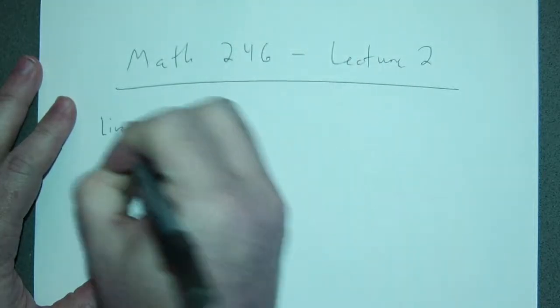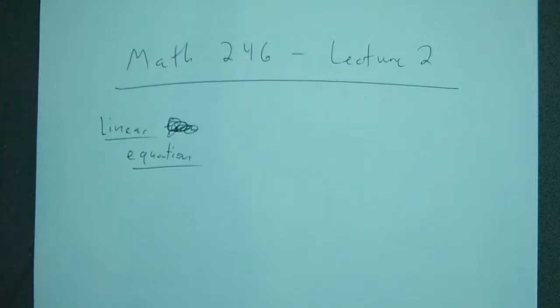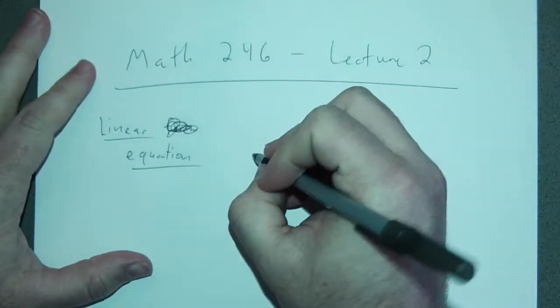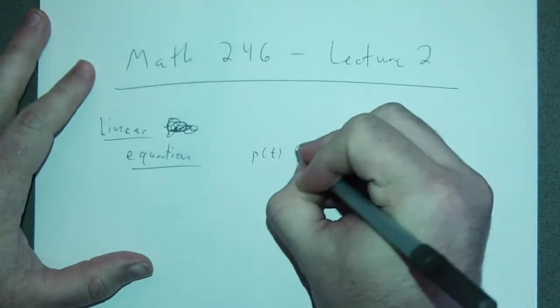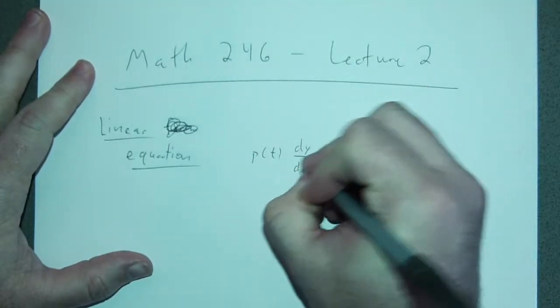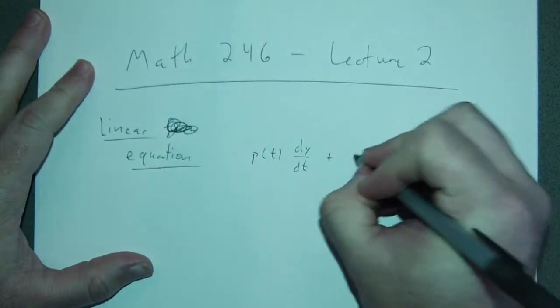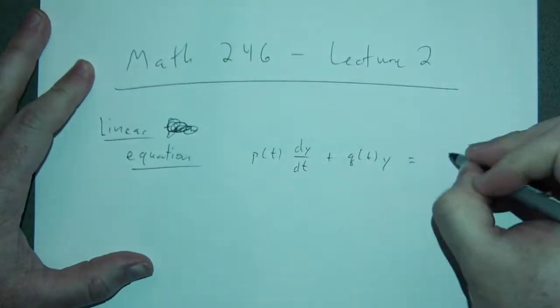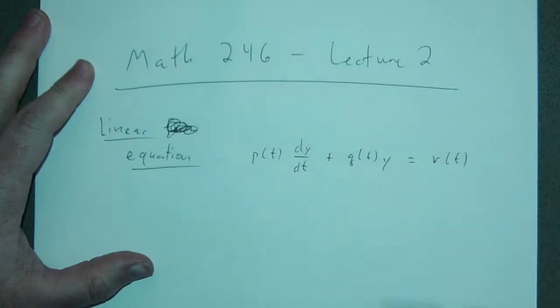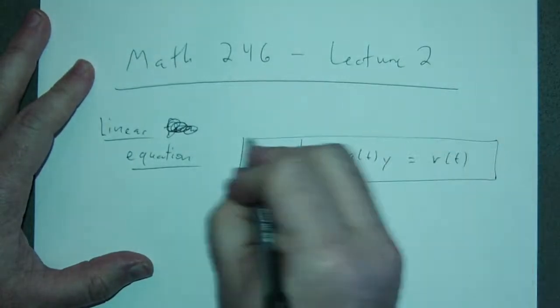Just to remind you, a linear equation is one that can be brought into this form. The most general possible linear equation looks something like this: p of t dy/dt plus q of t y is equal to r of t.